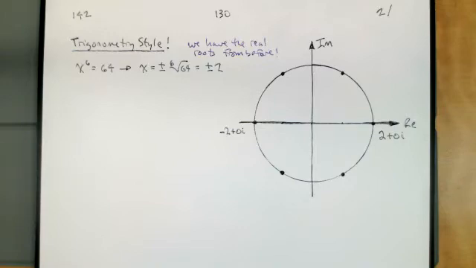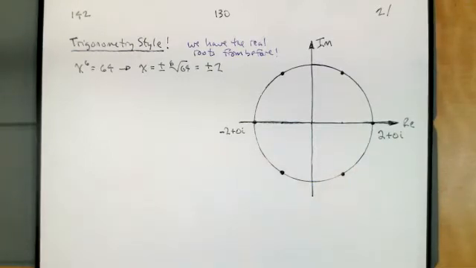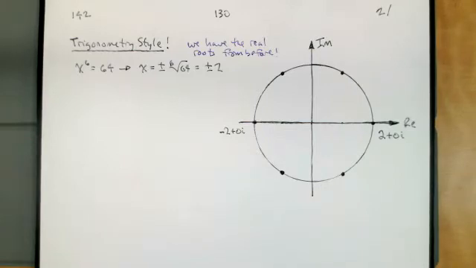So we had the plus and minus 2, the real ones from before. So I'm going to plot those in the complex plane, 2 plus 0i and negative 2 plus 0i. Since we're looking for sixth roots, we know that they're going to be 360 over 6, 60 degrees apart.